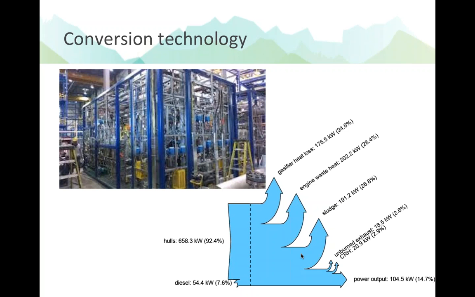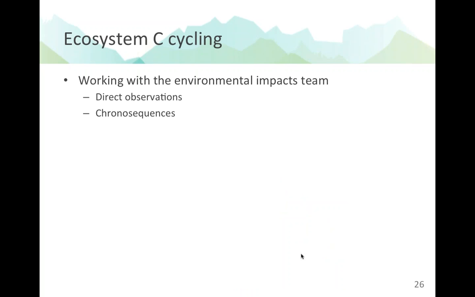On the next slide, we start to switch away from the engineering view and into this ecosystem view. In that case, we on the life cycle assessment team are working with the environmental impacts team, the members of the BANR project who are out in the woods taking measurements in various beetle kill stands, trying to figure out what the implications of harvesting are.